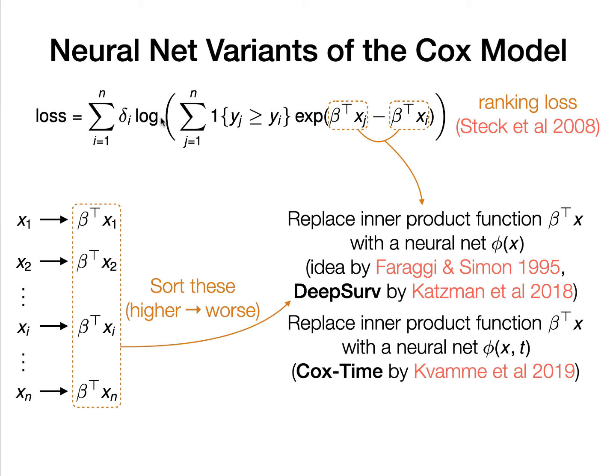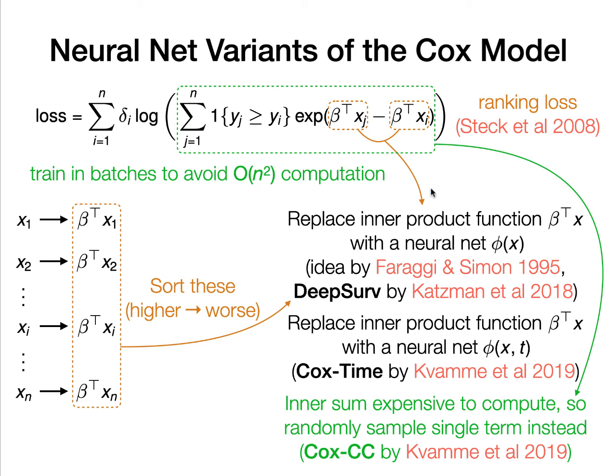For all three of these models, you could train them in mini batches, using mini batch gradient descent to avoid this n squared calculation. However, there's an additional approximation you can do, which is to replace this inner summation by randomly choosing just one of the terms in this inner summation to evaluate, rather than using the entire sum. That results in a model called Cox CC, okay? The CC stands for case control.